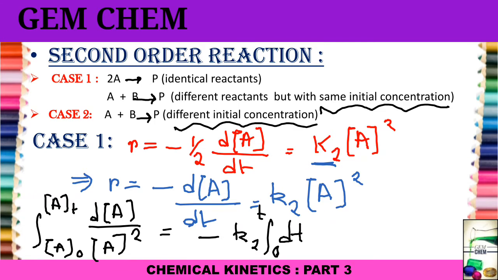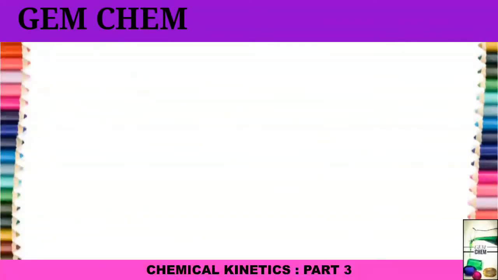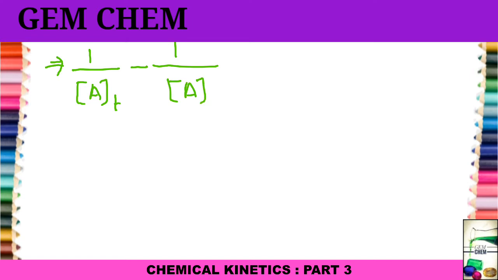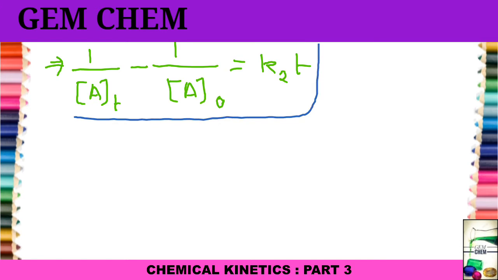Now on integrating, what we are going to get is this. See here, this will be 1 by A concentration at time t minus 1 by A concentration at time 0, which equals K2 t. And this is our main rate equation for the second order, and from here we can get different equations which will help us to understand the rate more carefully and get different plots.